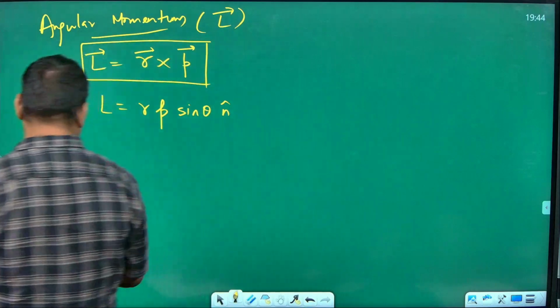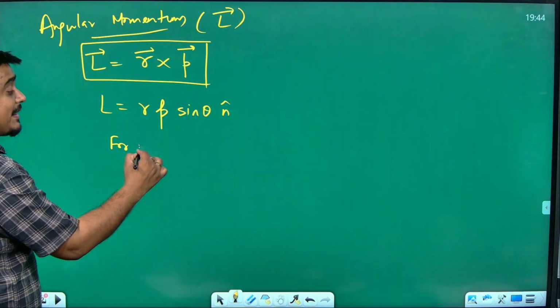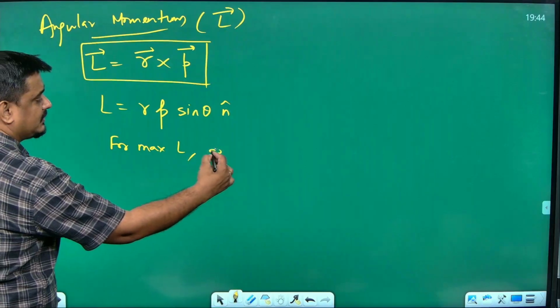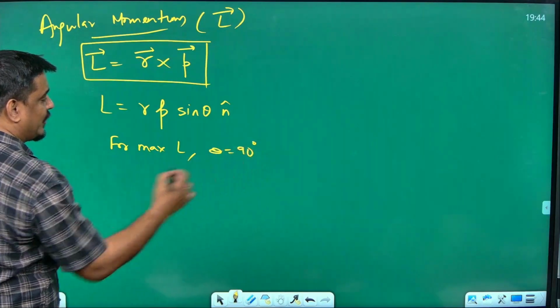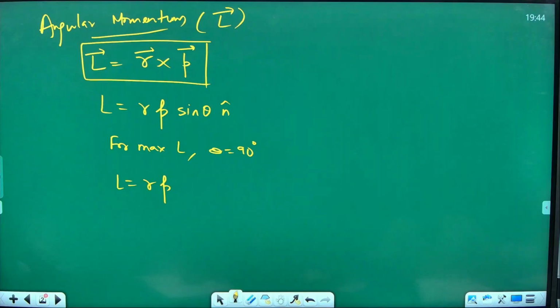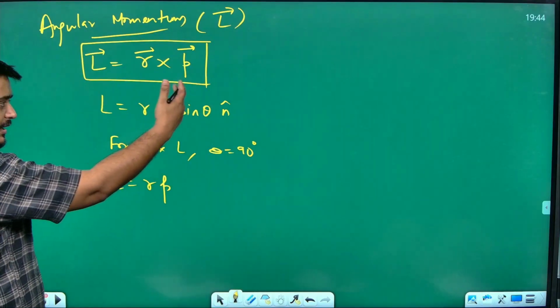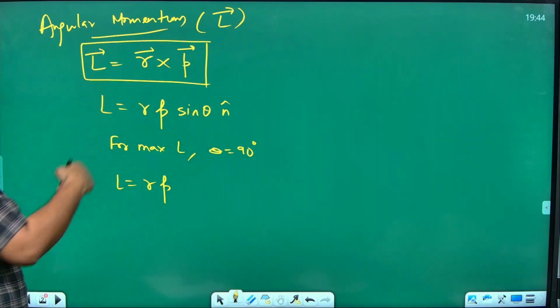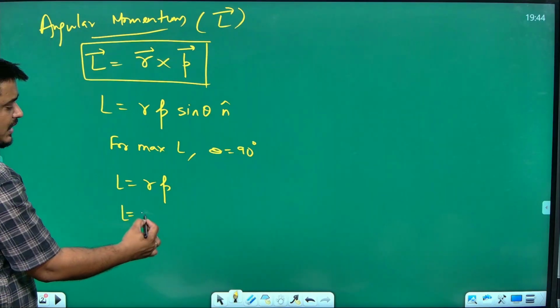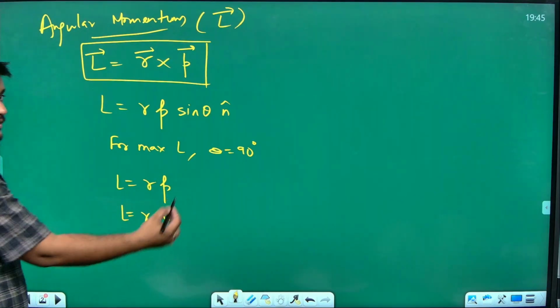And for maximum torque, for maximum angular momentum, for maximum L, what will be the value of theta? Theta will be 90 degrees. So I can say L will become equal to R into P, isn't it? I'm just taking the magnitude of it. So L will become equal to what into what? R into m into v, isn't it?